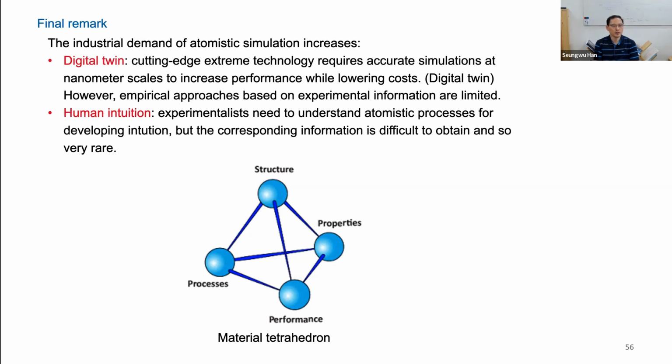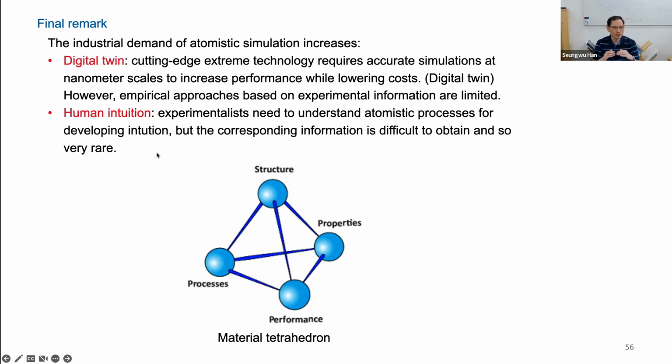And at the same time, there is human intuition. Experimentalists need to understand what happens at the atomic scale to develop solutions to problems or develop high performance materials. But atomistic information is very difficult to obtain experimentally, and also very rare.